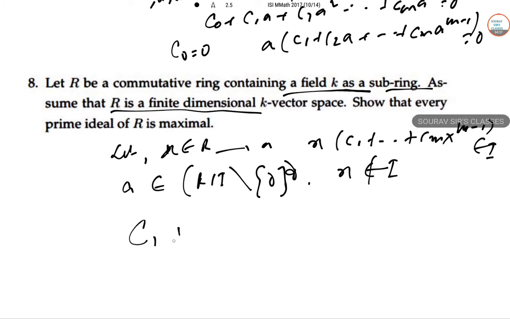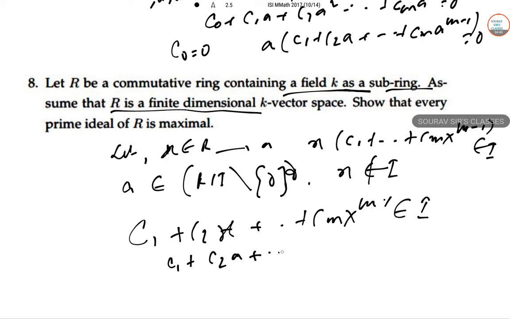So obviously the other factor has to be a part of I, and c1 plus c2 a and so on is equal to 0. So this contradicts the minimality of m.